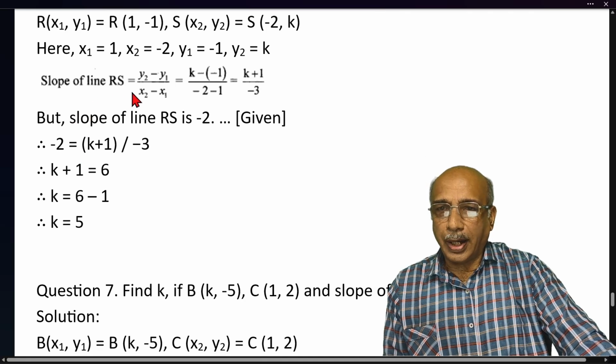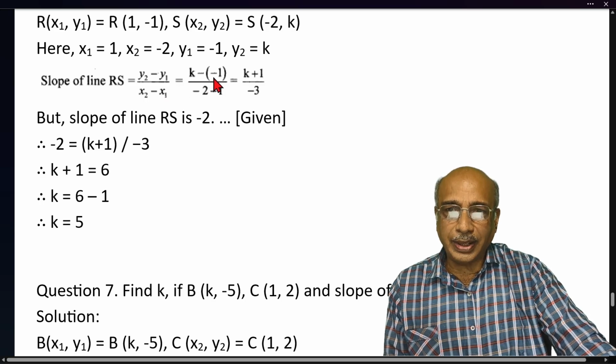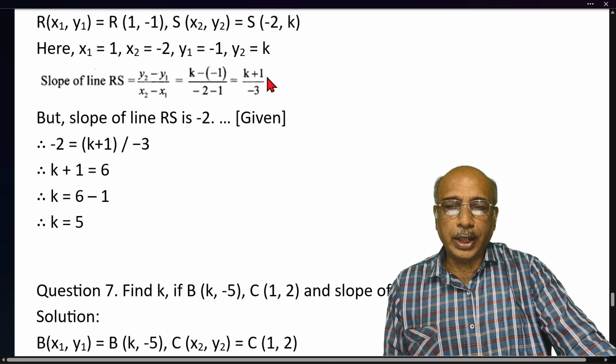Therefore, slope RS equals y2 minus y1 upon x2 minus x1, equals k minus minus 1 upon minus 2 minus 1, equals k plus 1 upon minus 3.